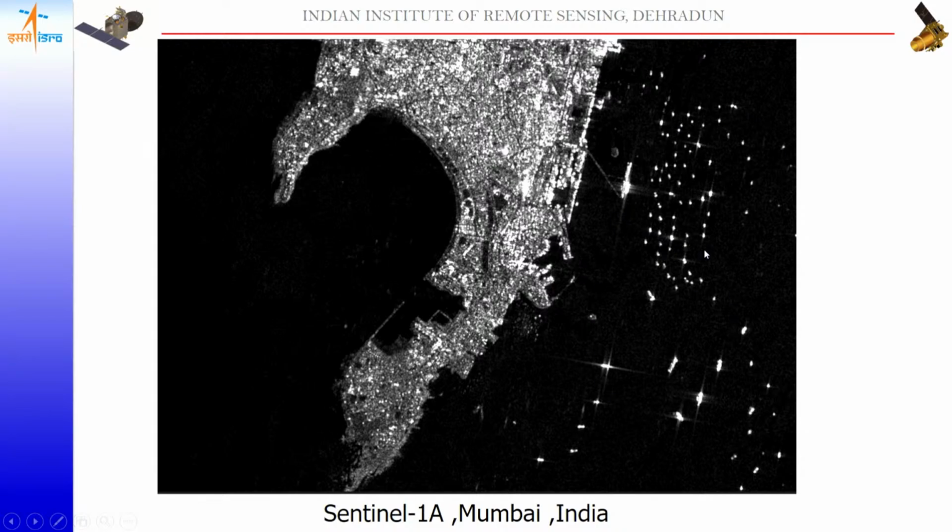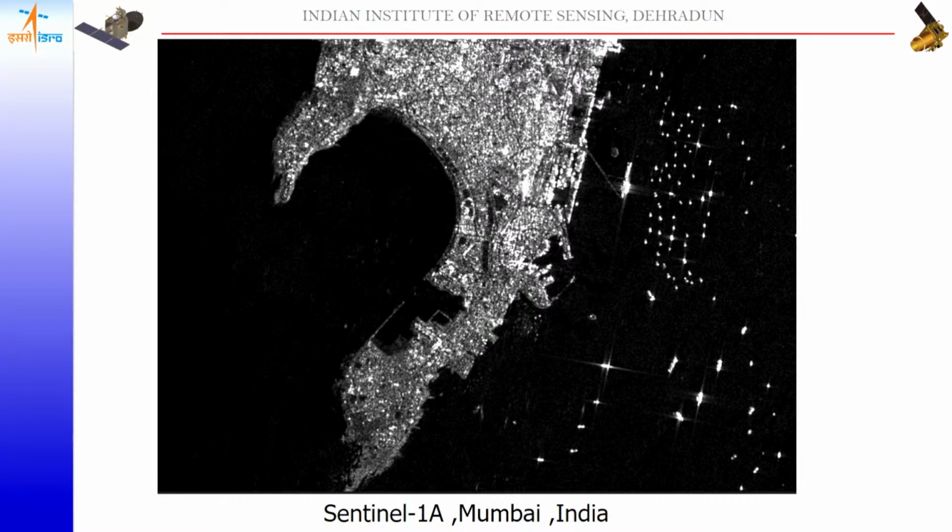In SAR, ship detection is a very good application, and we can see how well we can distinguish the ships in the SAR image, because it has a very dark background, and a ship is an artificial object. Metallic and artificial objects have very high backscatter, so ships are detected very easily in SAR images.